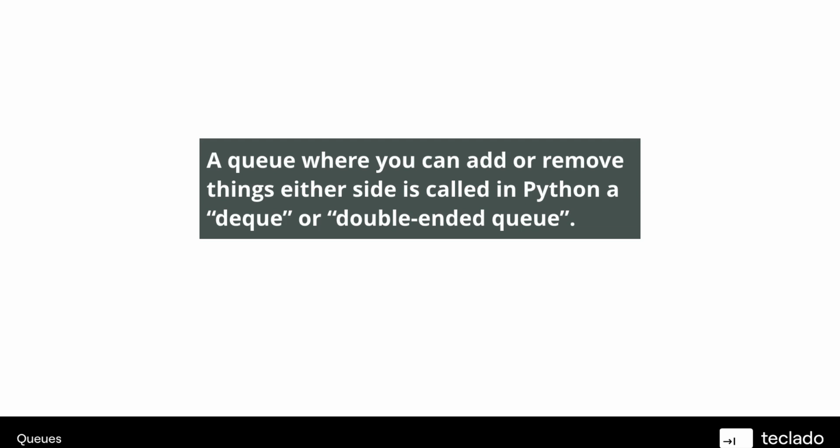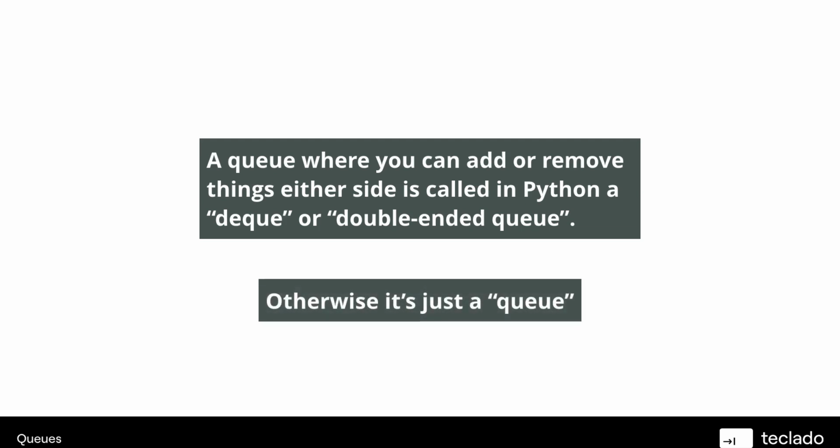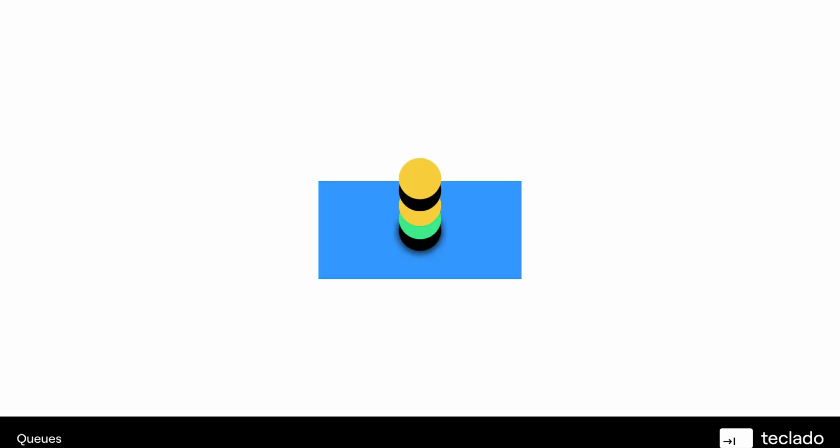If you can only add elements from one side and remove them from the other side, like a normal queue, that's called a queue. So you'll have both of these in programming. Python has something called a deck, a double-ended queue, and it also has something called a queue, and you can use those.